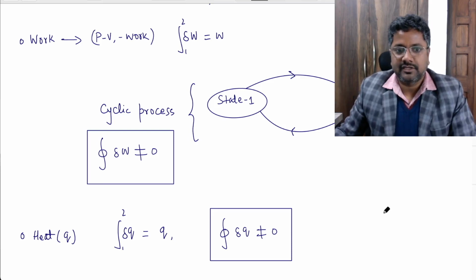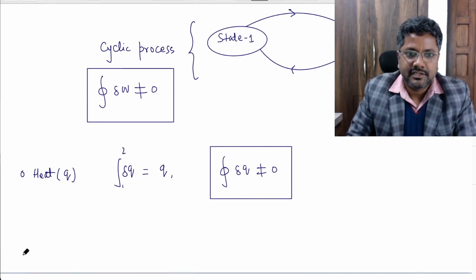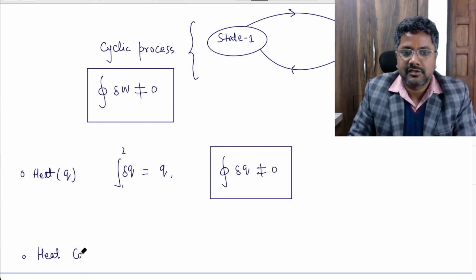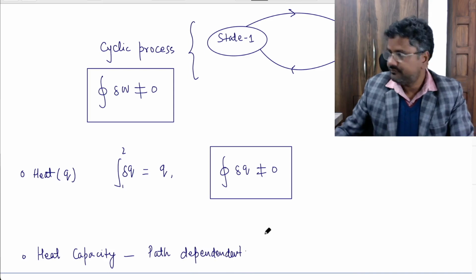So you have one more, that is heat capacity. This is also path dependent, right?